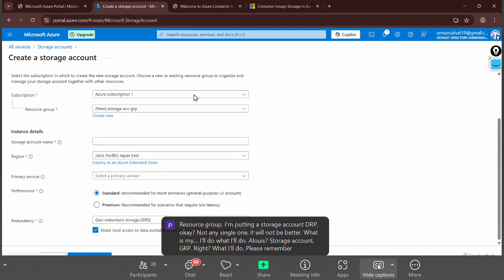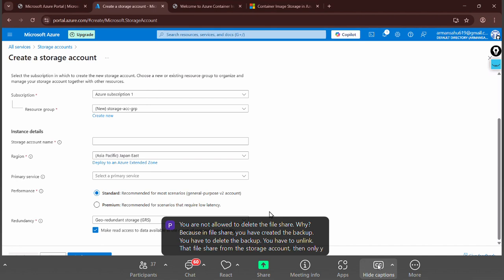Please remember, whenever you create a storage account, in the storage account we will have a file share. You are not allowed to delete the storage account, and you are not allowed to delete the file share. Why? Because in the file share, you have created the backup. You have to delete the backup. You have to unlink that file share from the storage account.